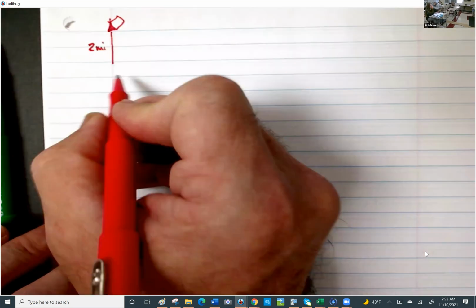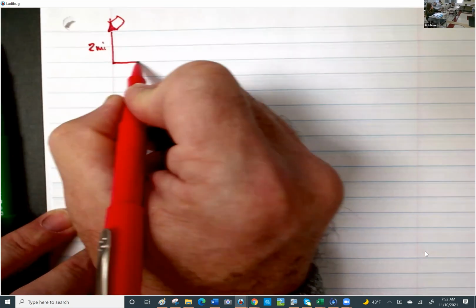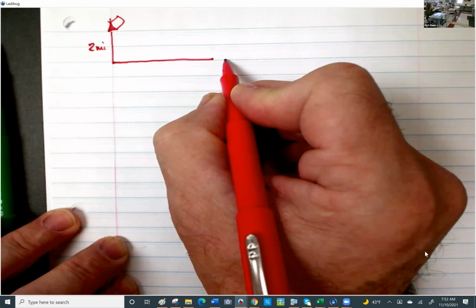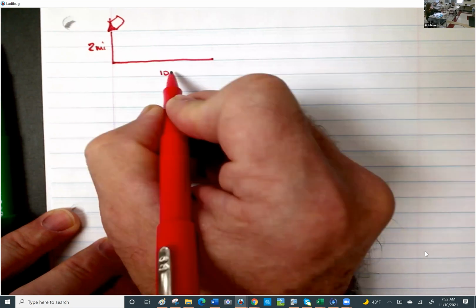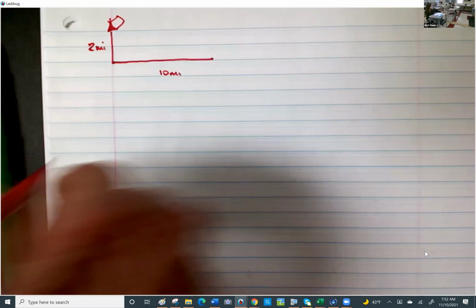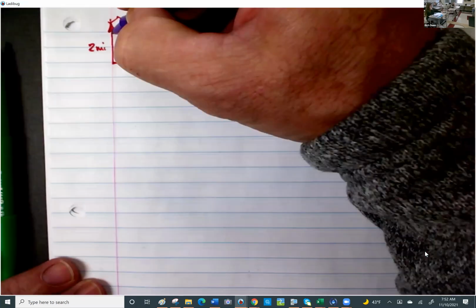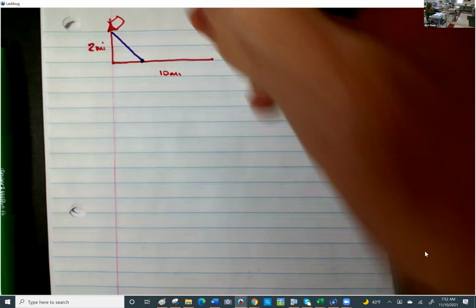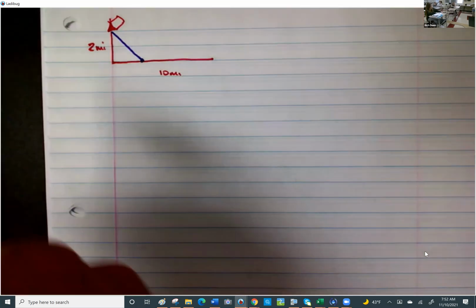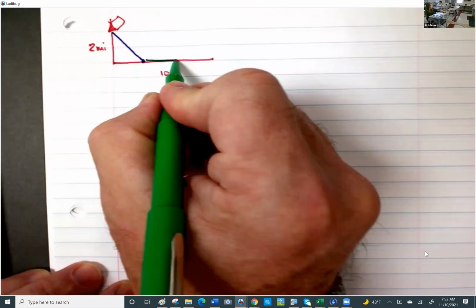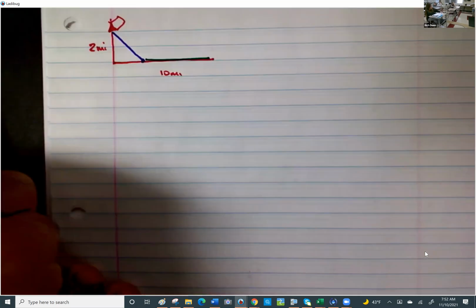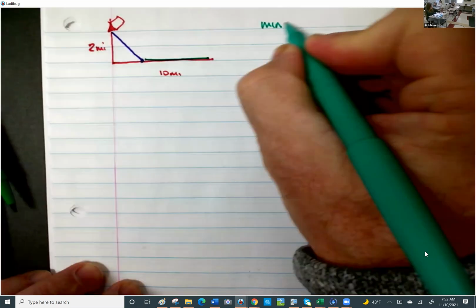And it's 2 miles off of the road, and the road is 10 miles from the pond. And we need to decide at what point along this road should we go that is going to, in this case, minimize our cost.